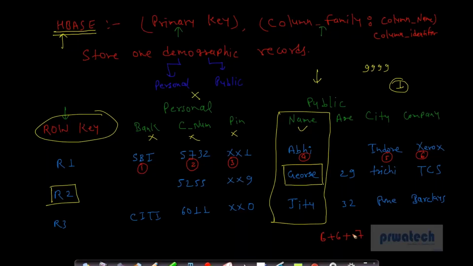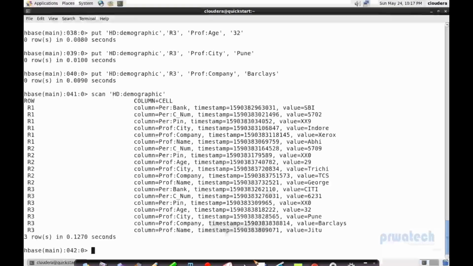So 6, 6, 12 plus 7, 19. I should have 19 rows here, right? So 1, 2, 3, 4, 5, 6, 7, 8, 9, 10, 11, 12, 13, 14, 15, 16, 17, 18, 19. Perfect. So all the results are there, whatever you wanted to store.